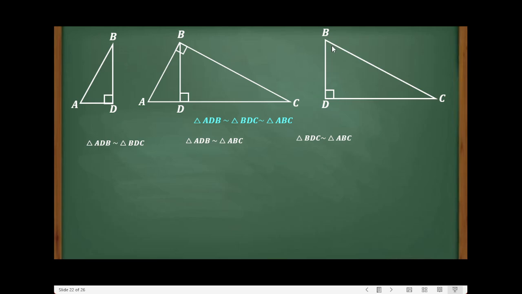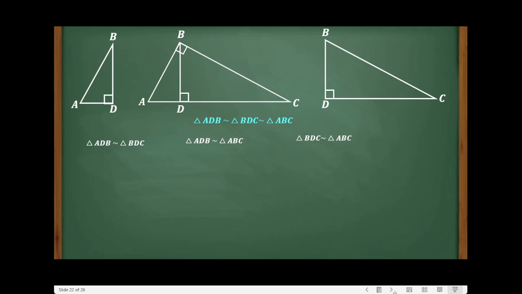This one right here, triangle BDC, is similar to triangle ABC. Again, just like the first two pairs, we also consider the proper correspondence of their vertices.